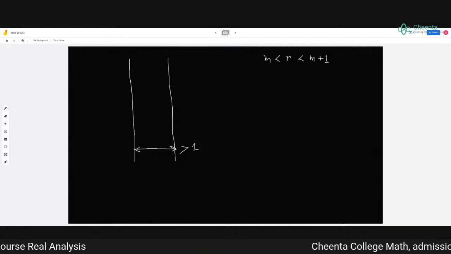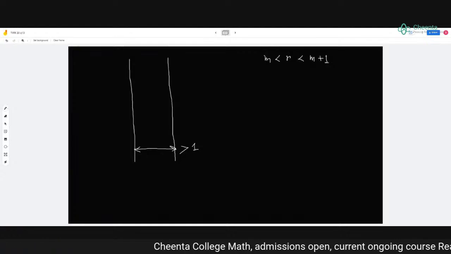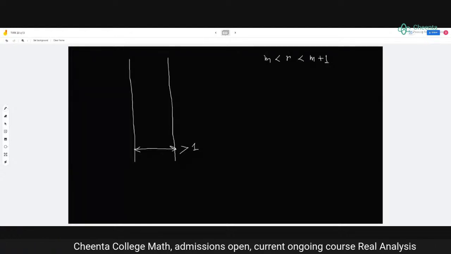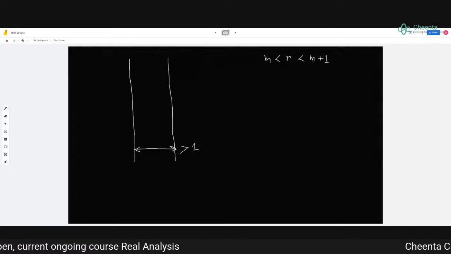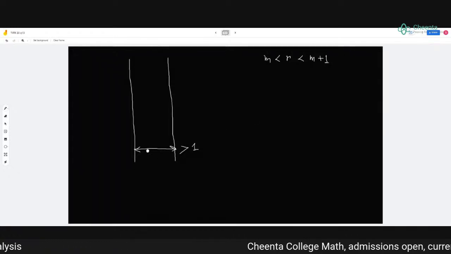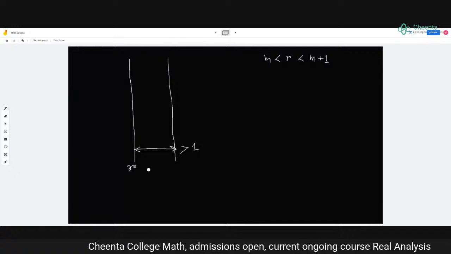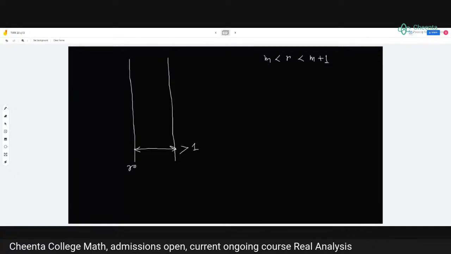If you just add 1 to r as the width, then one of the integers will fall inside there. Okay, it's a very basic property of real numbers. So now we will use this fact here. Since this width is, let's just call this some r. All right. So some real number r has been taken.